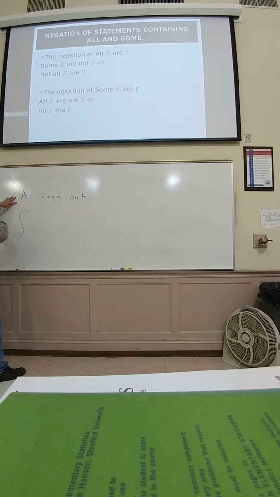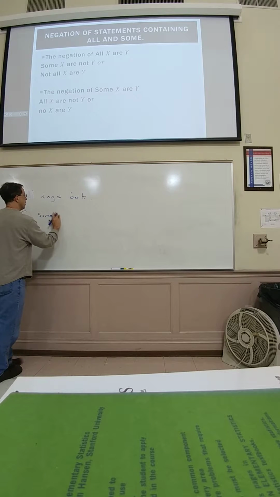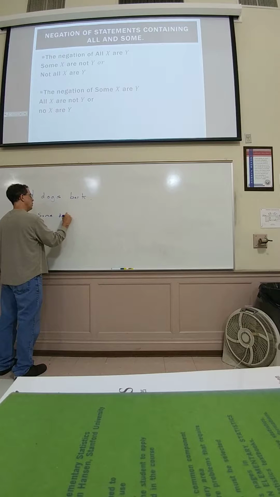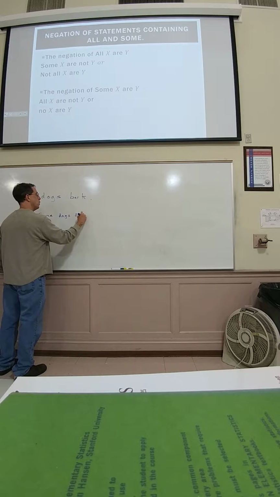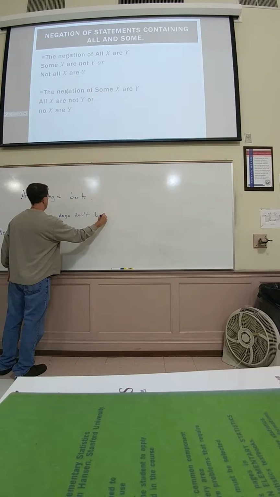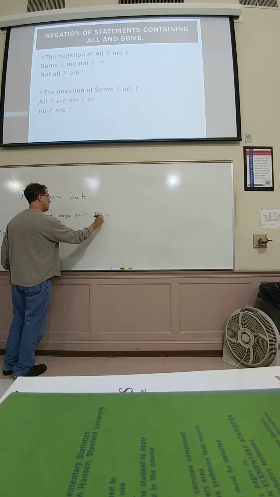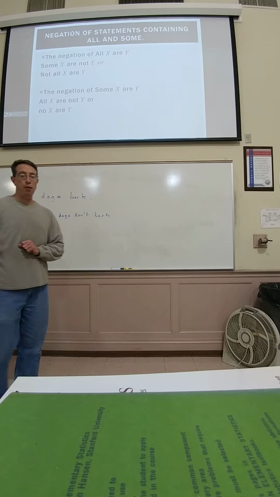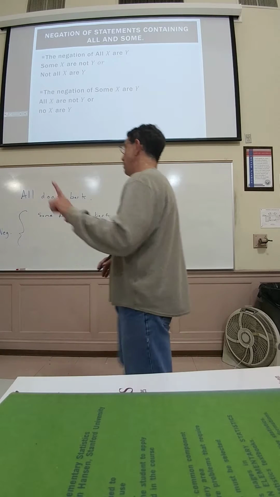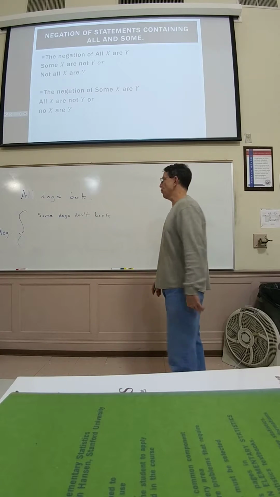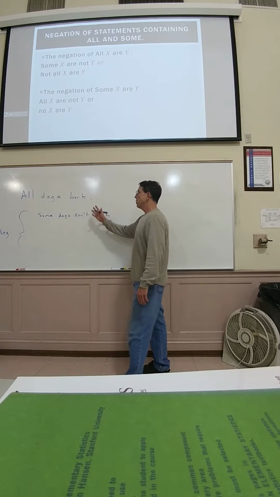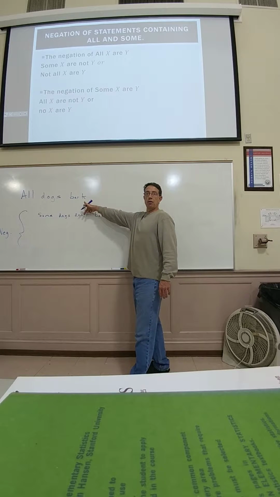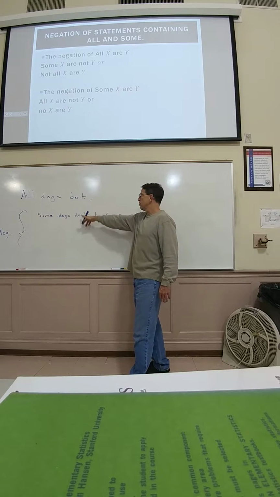You can say some dogs don't bark, and that's one of the things about claiming all. If you claim all dogs bark, you only need one counterexample to prove it wrong. So really you would only have to find one dog that didn't bark. So that would be some dogs don't bark.